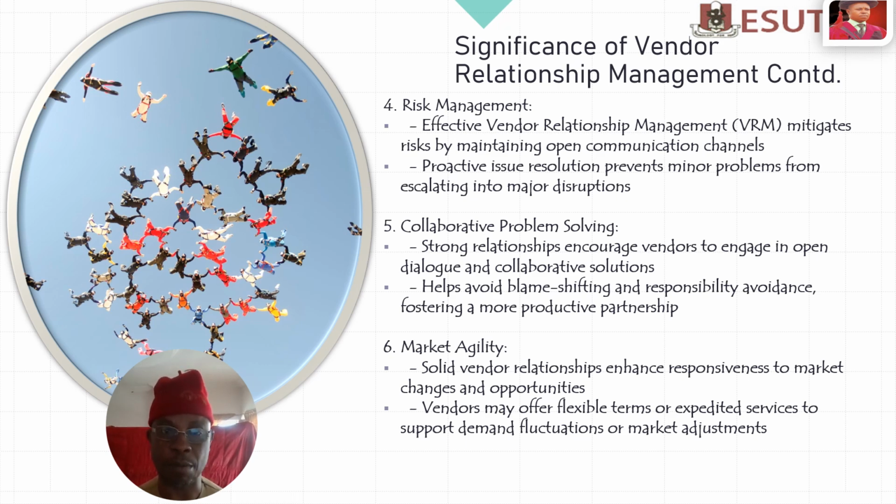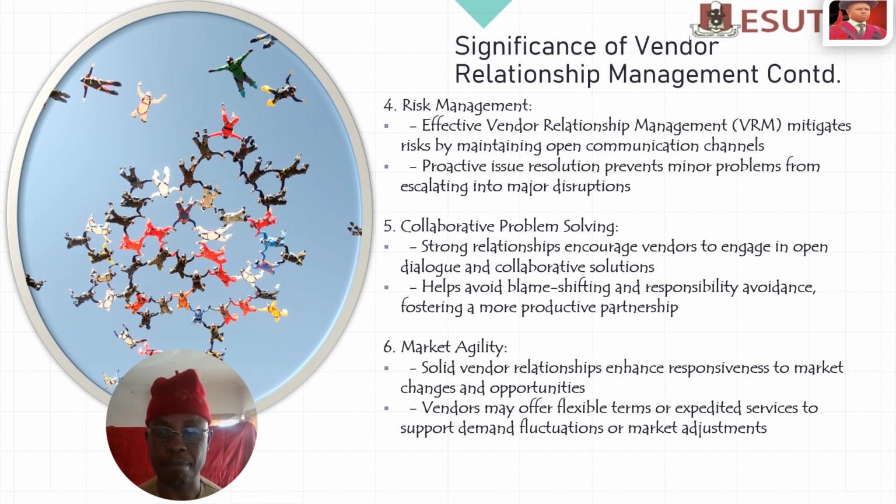5. Collaborative problem solving. When relationships are strong, vendors are more likely to engage in open dialogue about problems, working collaboratively towards solutions instead of placing blame or avoiding responsibility.